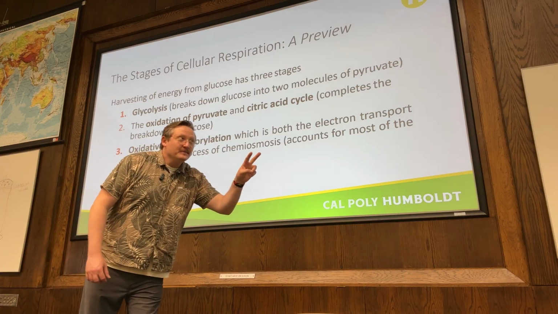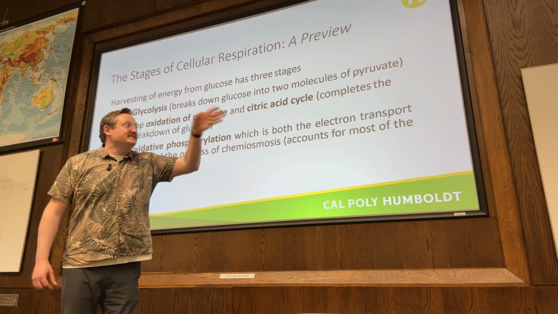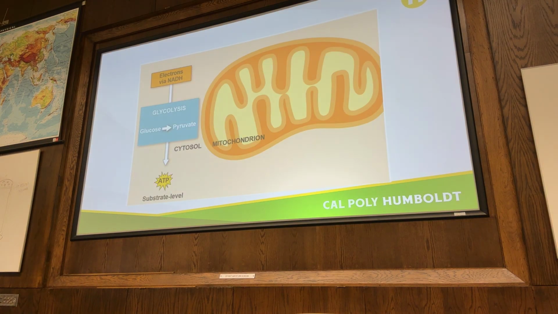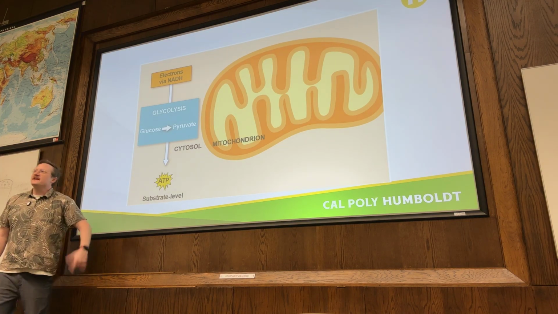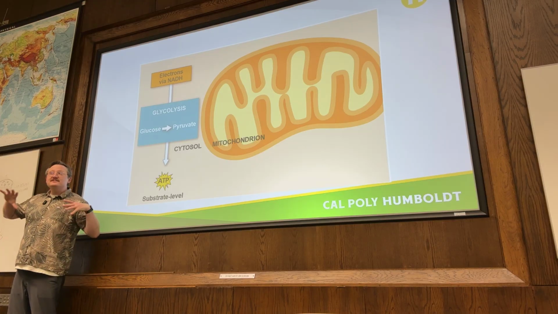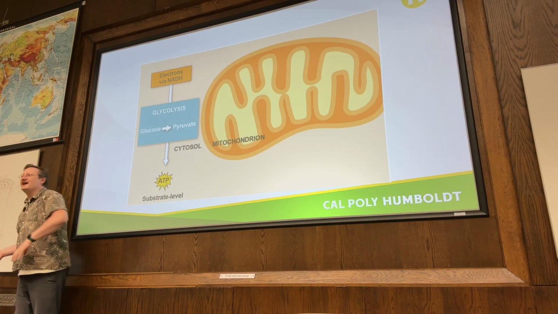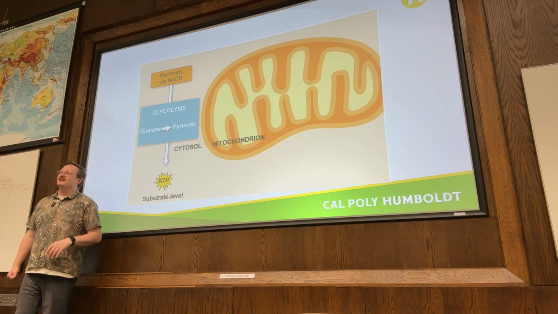Step 1 can actually occur outside of the mitochondria. Think about it like this. That glucose molecule is really big. It's going to be difficult to ship it across the outer membrane of the mitochondrion.